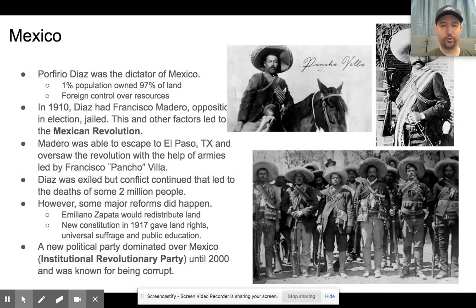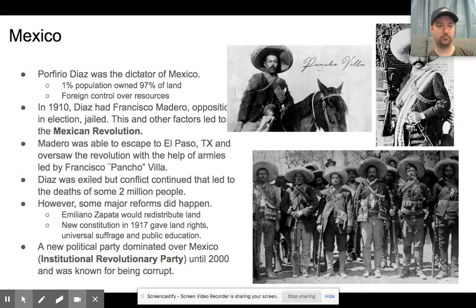Every president in Mexico from 1910 to basically 2000 was a member of this party, and it became known for being incredibly corrupt as well. So Mexico is still dealing with a lot of internal issues, as every country does. But this is what happens in Mexico during the 20th century in a nutshell.